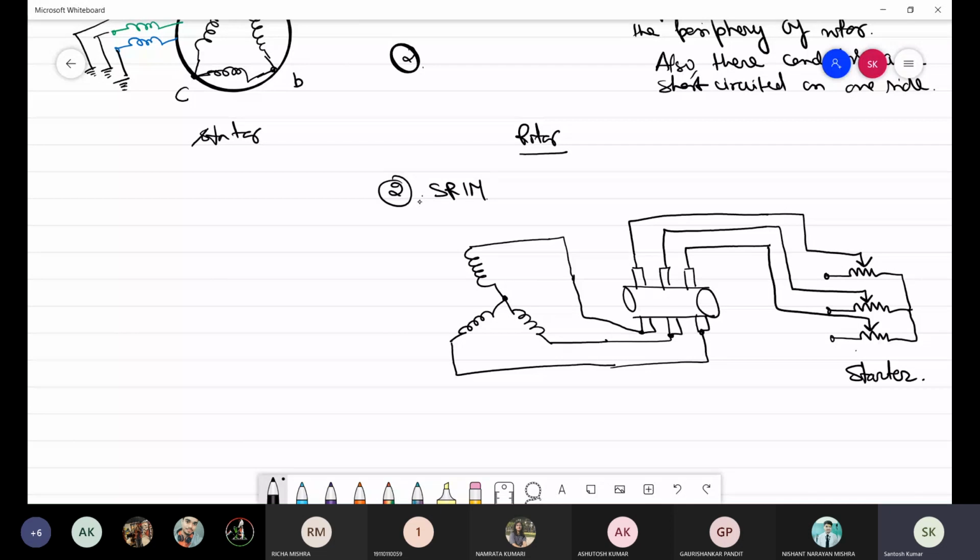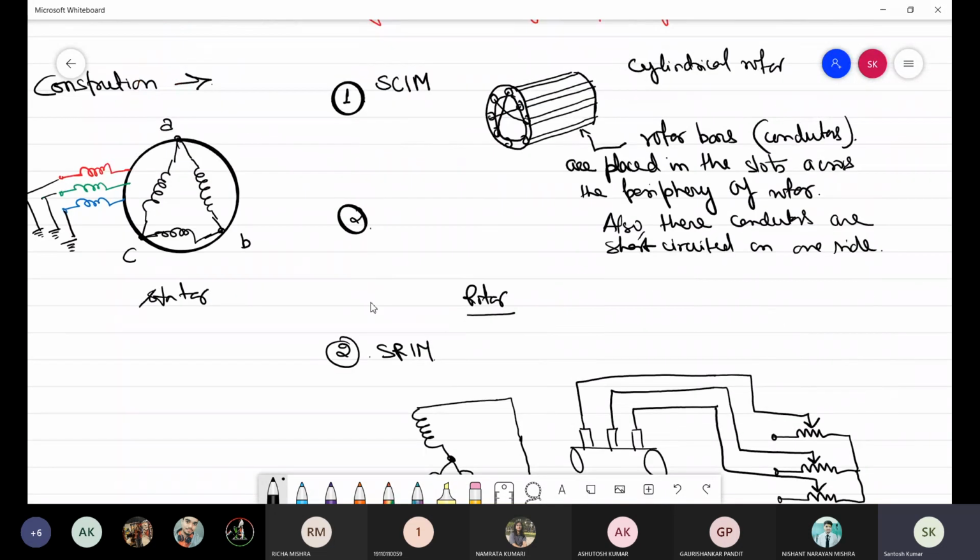So this is the rotor. This is slip ring induction motor, slip ring type of rotor. So these are the two types of rotors which we have to study in case of an induction motor.